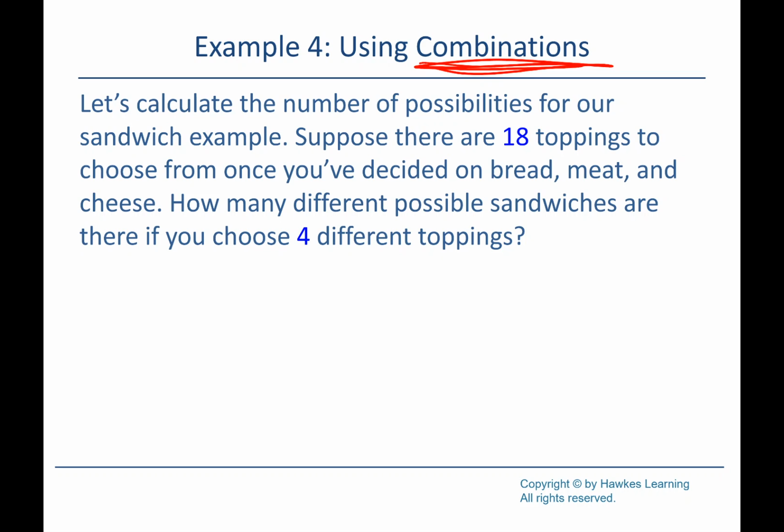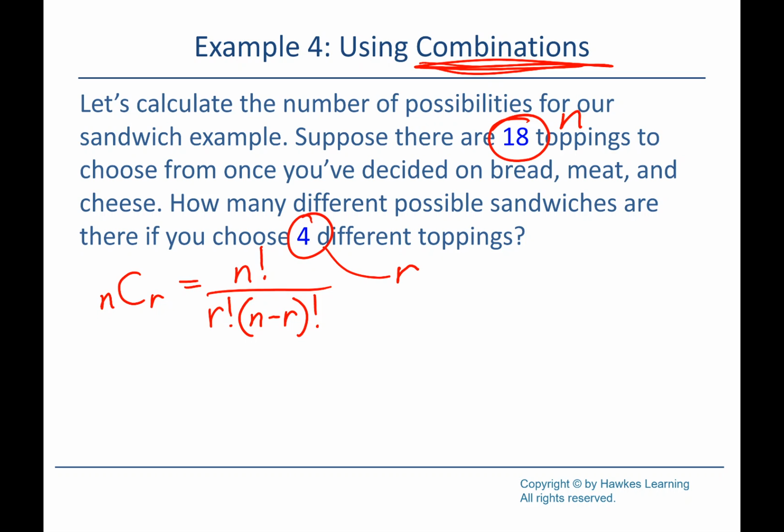Okay? So we're going to use combinations. In our combinations formula, if we're doing n choose r, how you read that, it's n factorial over r factorial times the n minus r factorial. So here n, our total, is 18 toppings to choose from. And then 4 is our r, that's how many we're choosing at a time.